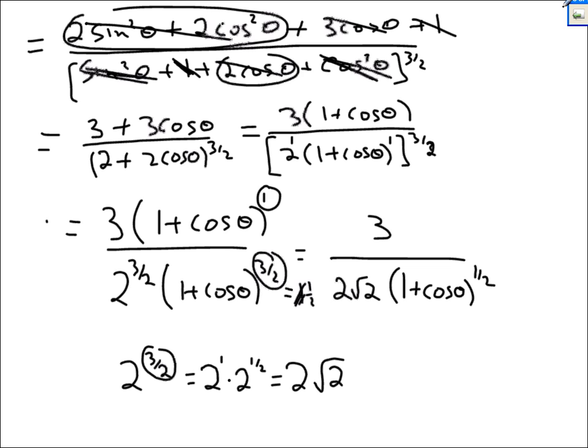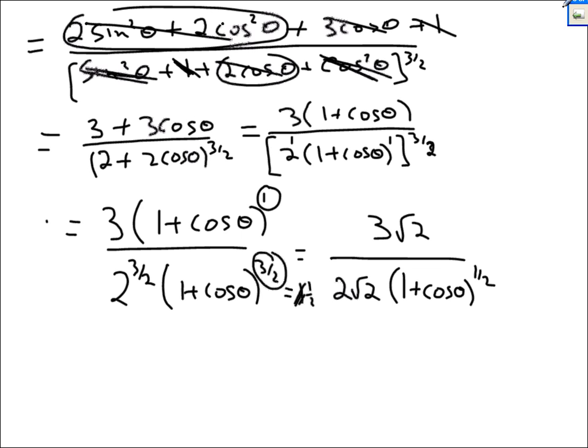So you get 3 over that. What you can do is multiply by 1. You want to change the way something looks, you multiply by 1. Multiply the top by square root of 2 and the bottom by square root of 2. When I multiply the bottom by square root of 2, square root of 2 times 2 is 2, times another 2 makes it 4. So I can put a 4 on the bottom.